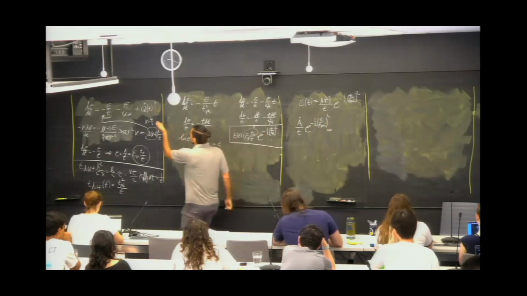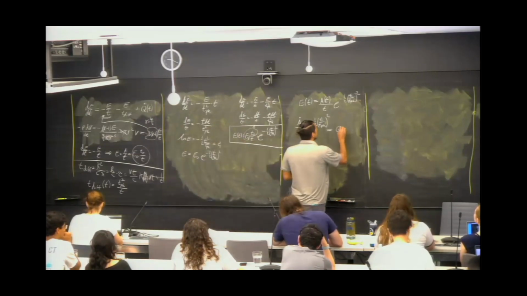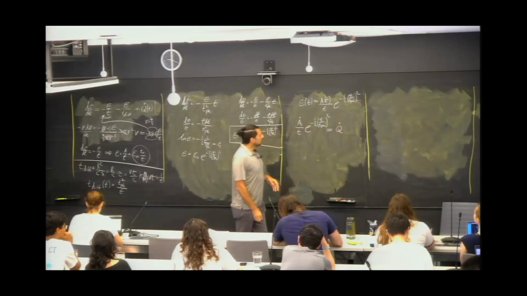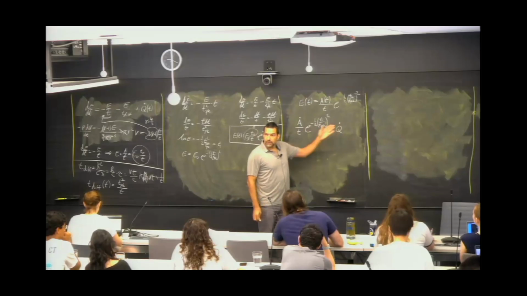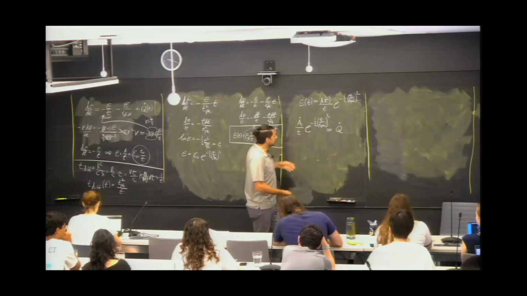Equal whatever is left in this equation, which is this heat input. So now I multiply and I get an equation for A dot. So now I have an integral.